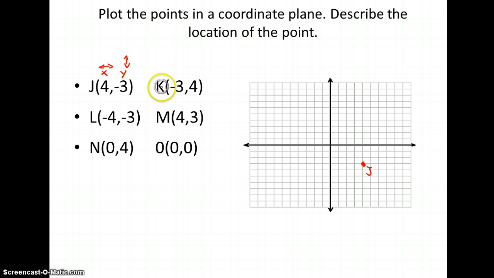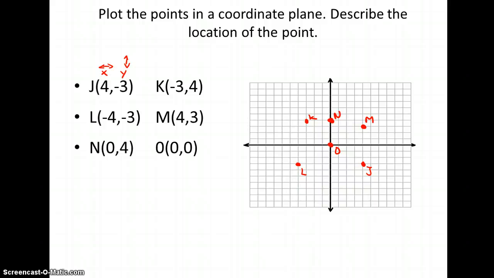Similarly, for K, you're going to move left 1, 2, 3, and up 1, 2, 3, 4. Label your point K. Do the same thing for L, M, N, and O. Press pause while you do your work.